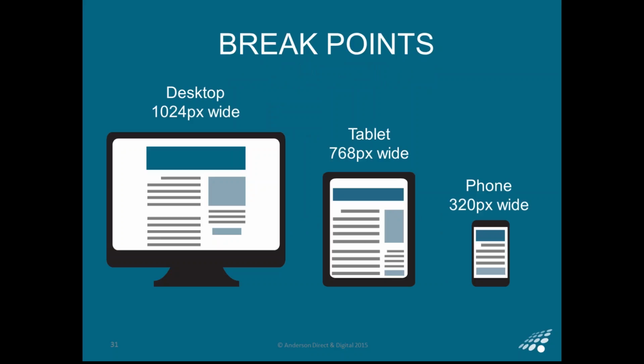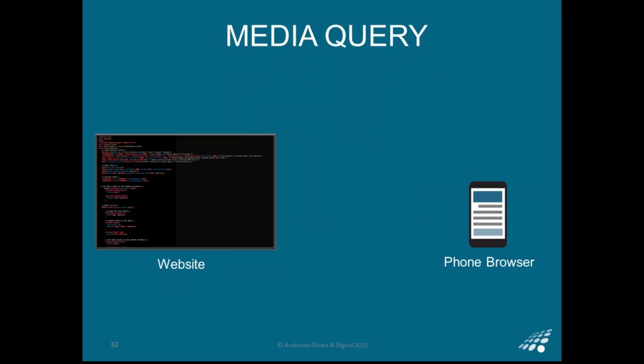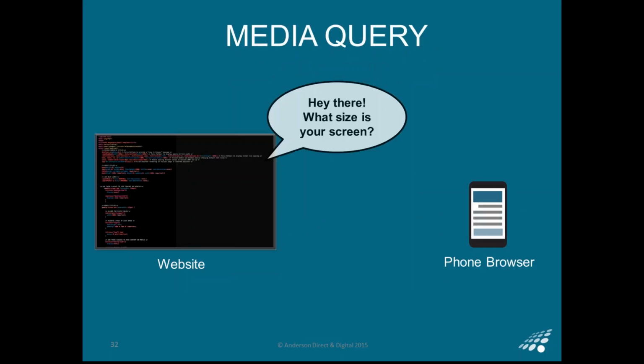And these are the common breakpoints for the 3 screens. For desktop, it's 1024 pixels. For tablet, it's 768 pixels wide, and for the iPhone, it's 320 pixels wide. So this is what happens.